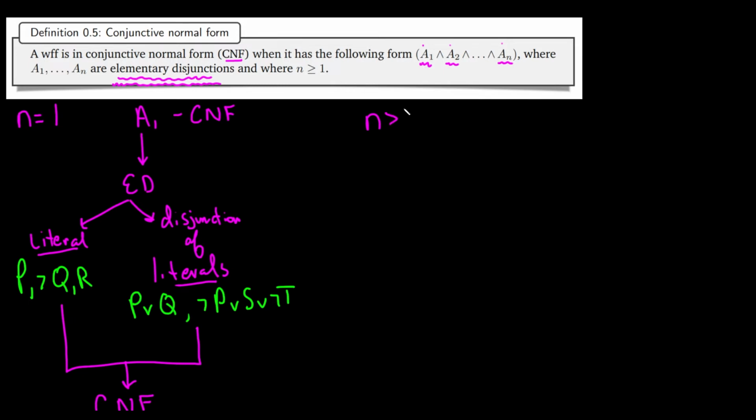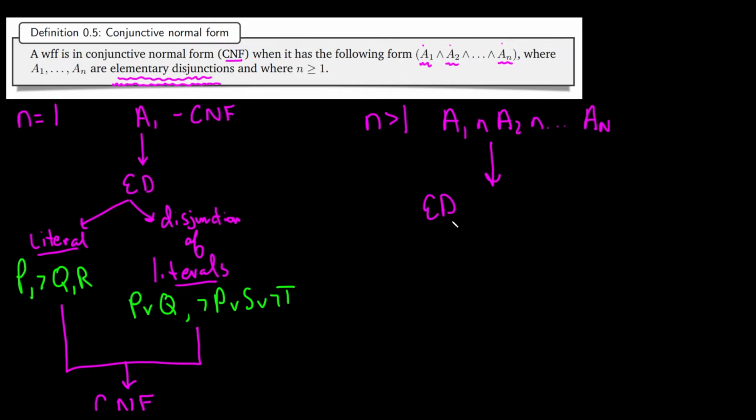So we're not looking at a single formula, but n is greater than 1. So we're looking at a formula that has the form, let's say, a sub 1 and a sub 2 and all the way up to a sub n. So we're actually looking at a conjunction and asking ourselves, is this formula in conjunctive normal form? Well, the answer to this is yes, provided we have a conjunction of elementary disjunctions.